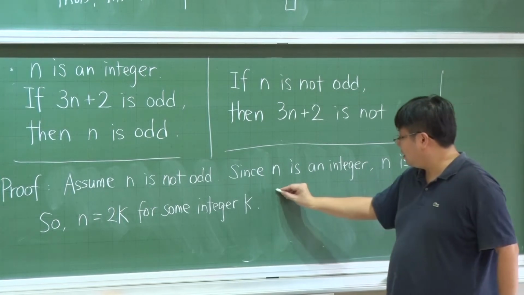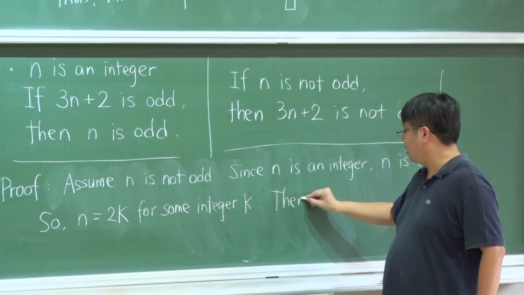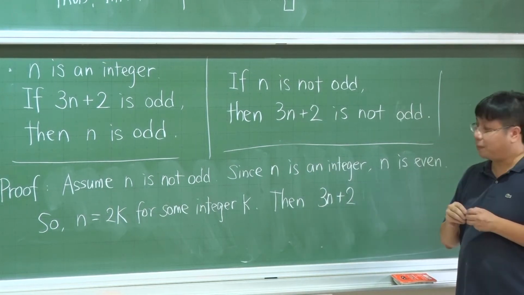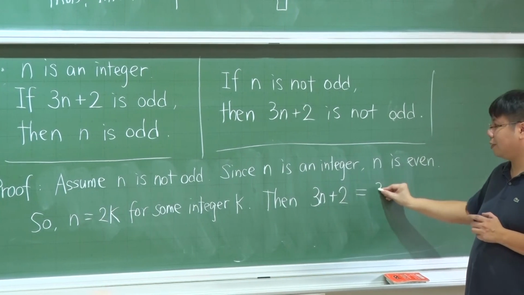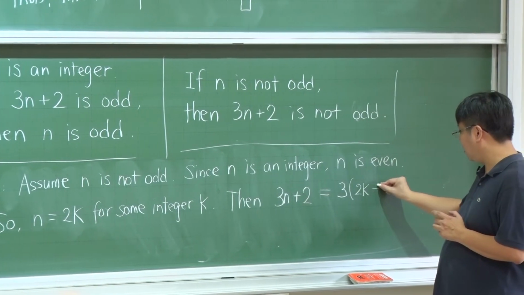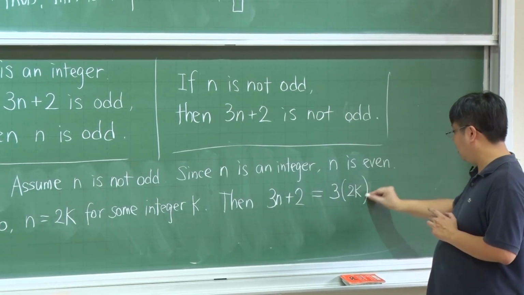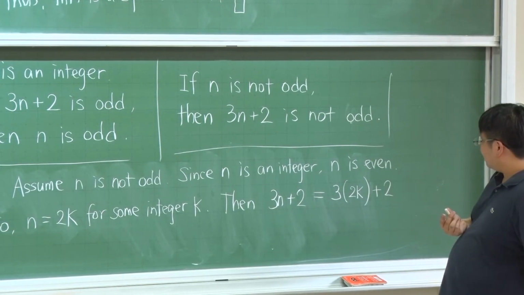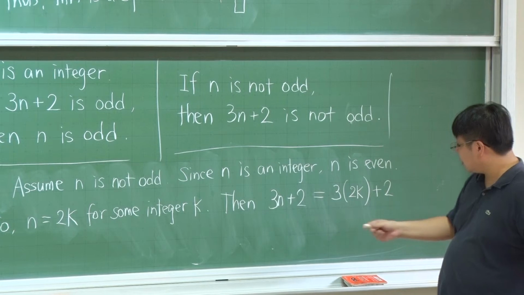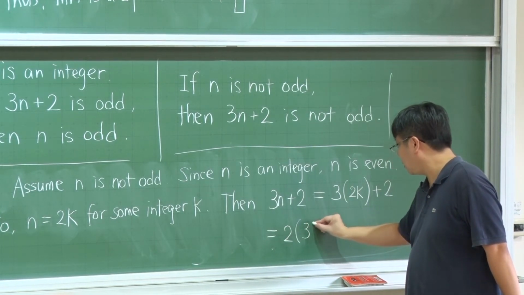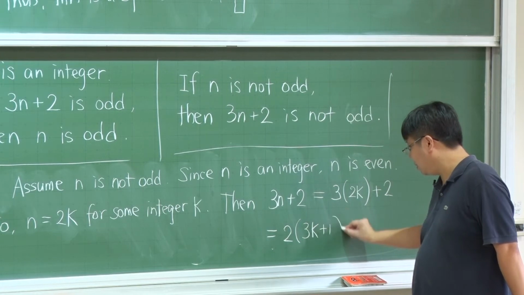Then 3n plus 2 will be equal to 3 times 2k plus 2. Is that okay? That is 6k plus 2, which is equal to 2 times 3k plus 1.